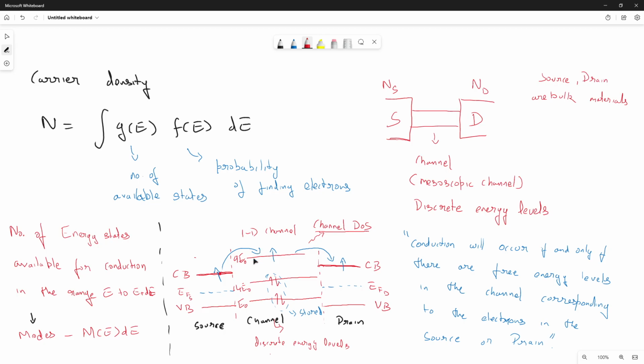So the concept of Fermi level is not very strongly defined. It exists, but not in the sense that we understand so far. Maybe at a later point in the course we may talk about it, but again, it is not of direct relevance. So the source and the drain Fermi levels at equilibrium are equal.